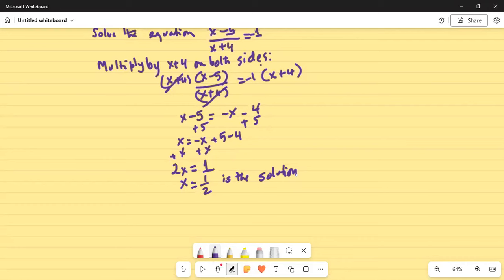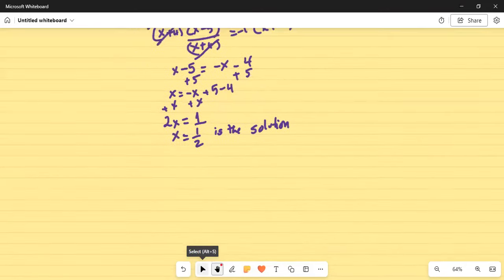Just wanted to make sure I'm doing everything correctly. Looks like so far so good. So again, I draw the number line, but before I draw that, I'll skip some space.